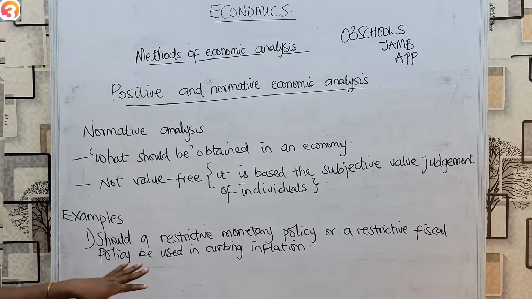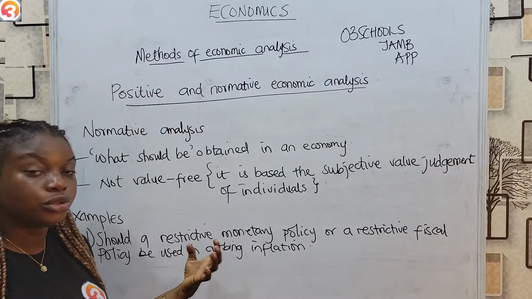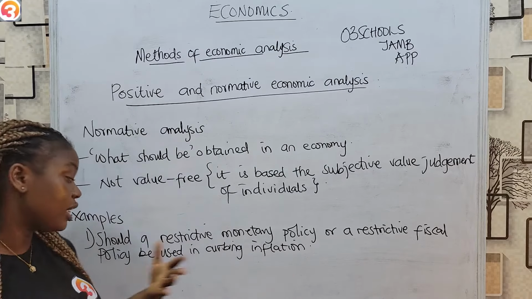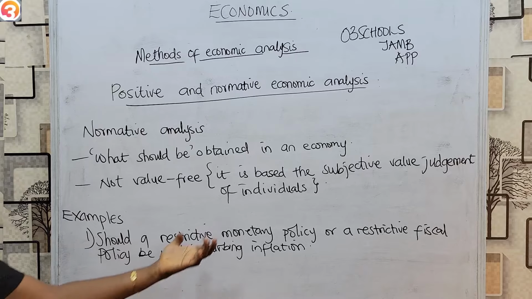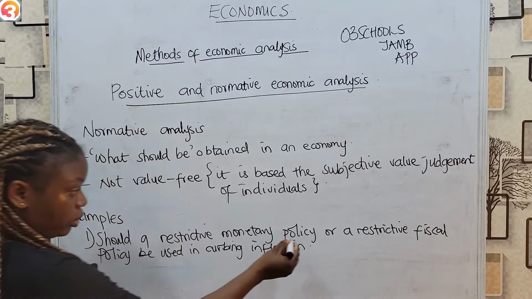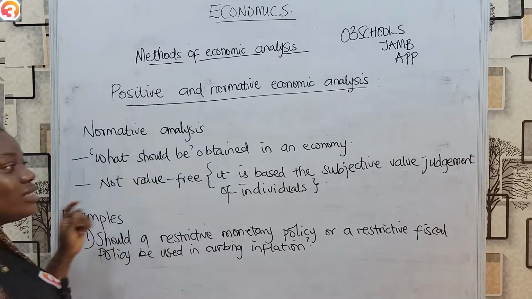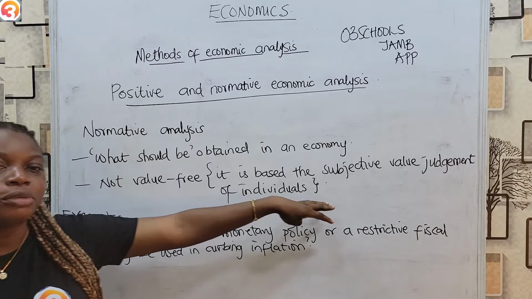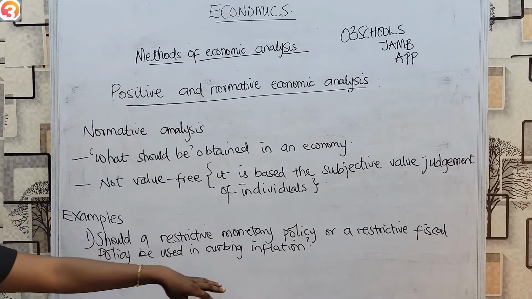The first example we're looking at is should a restrictive monetary policy or a restrictive fiscal policy be used in curbing inflation? It is a question, actually. That is because it is based on the subjective value judgment of individuals.